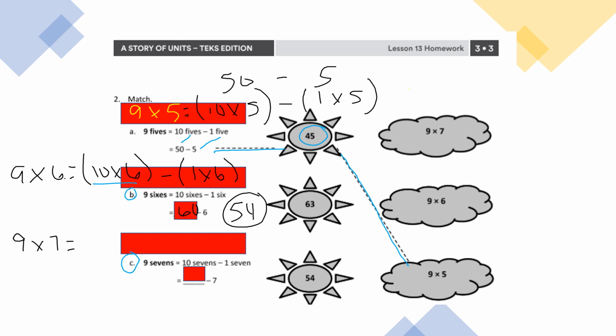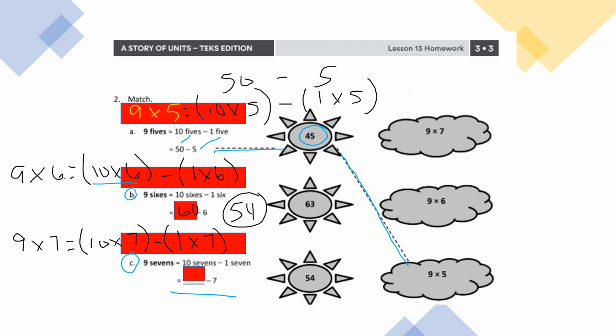It says that 9 sevens equals 10 sevens minus 1 7. 10 sevens is the same thing as saying 10 times 7. Minus 1 7 is the same thing as saying 1 times 7. So we have 10 times 7 minus 1 times 7. If you look here, this is where you write the solution for 10 times 7 minus 1 times 7.